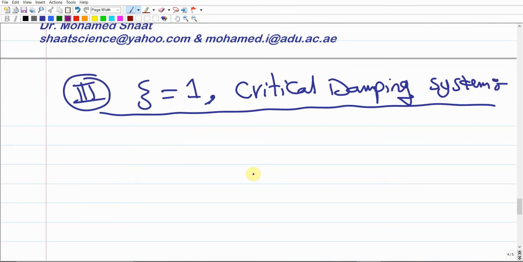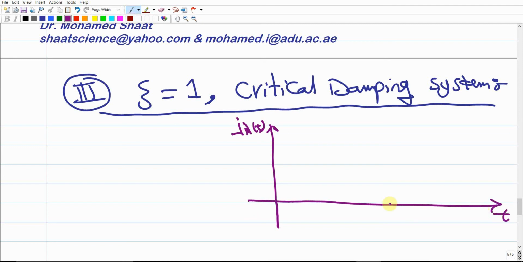So for the critical damping case, you're going to find that the current IH of t changes in this way. This is the time t. We start, for example, with some initial value, then it's going to decay over time, or it would jump up or increase somehow, then it's going to decay till a specific point, and it will reach the steady state.